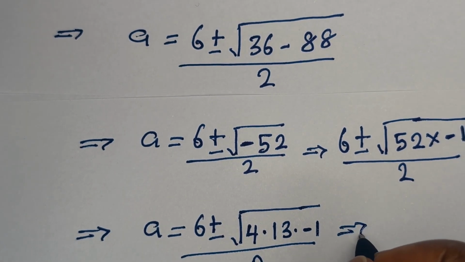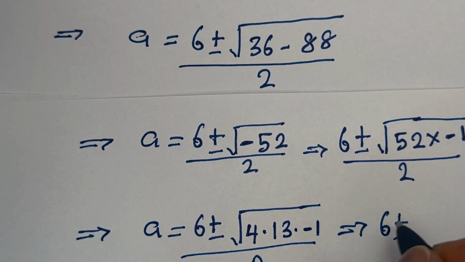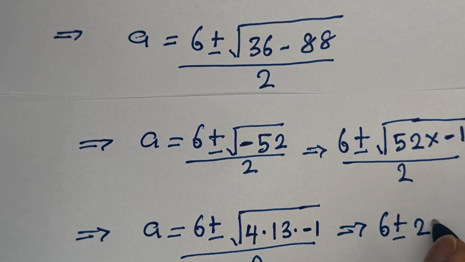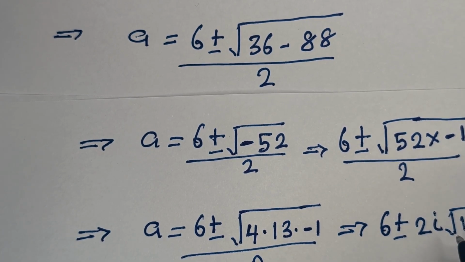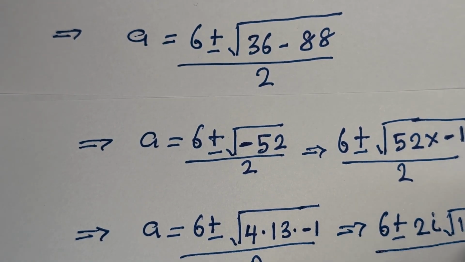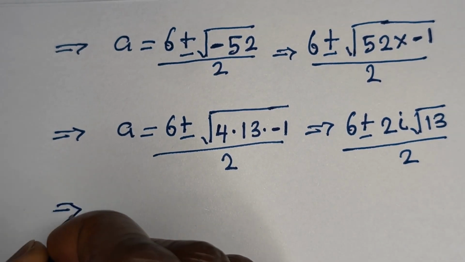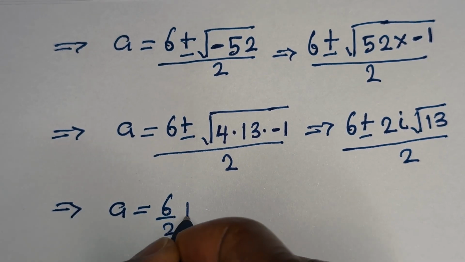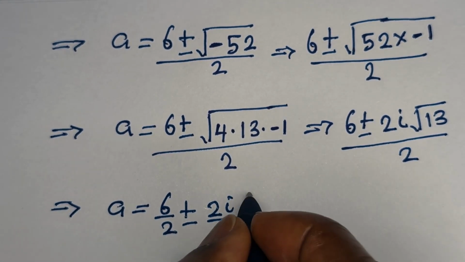This is the same thing as 6 plus or minus square root of 4, that is 2, square root of negative 1, that is i, then square root of 13, over 2. a is equal to 6 over 2 plus or minus 2i root 13 over 2.